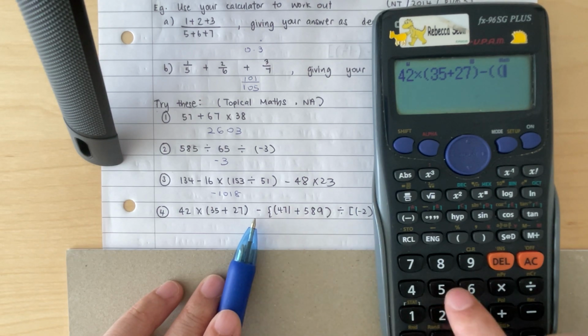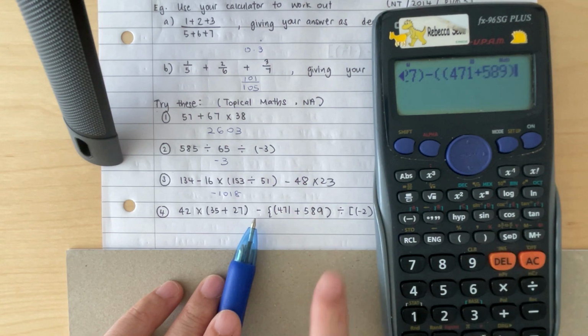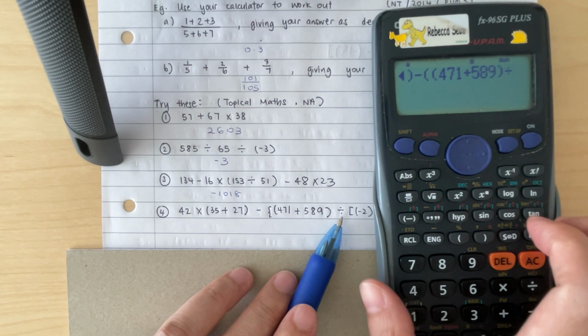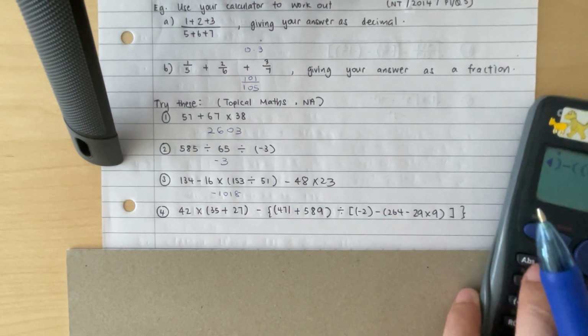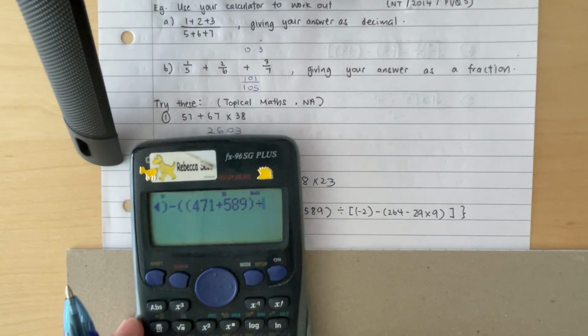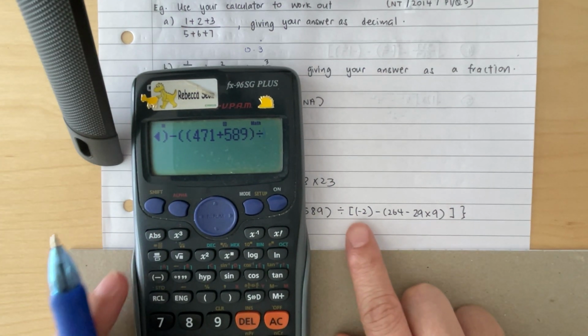471 plus 589. Close bracket, one time, divide. Okay. Now, the next portion. So the next portion will continue here.